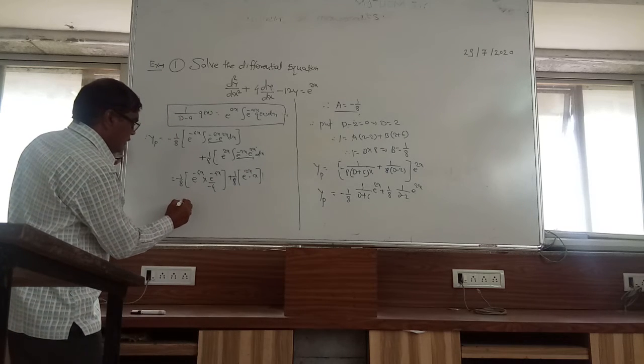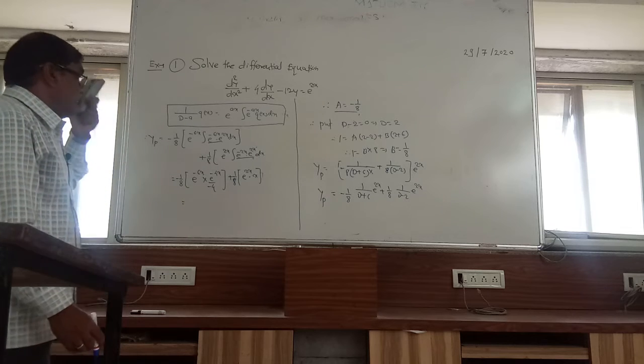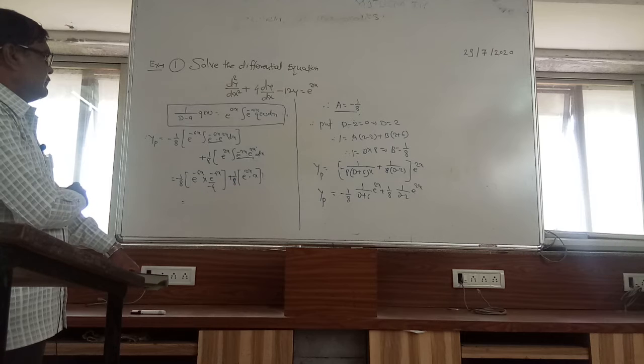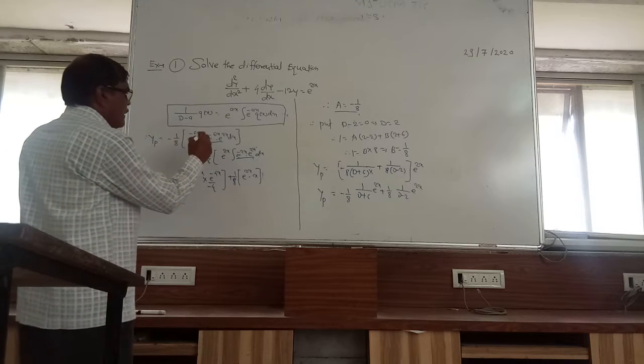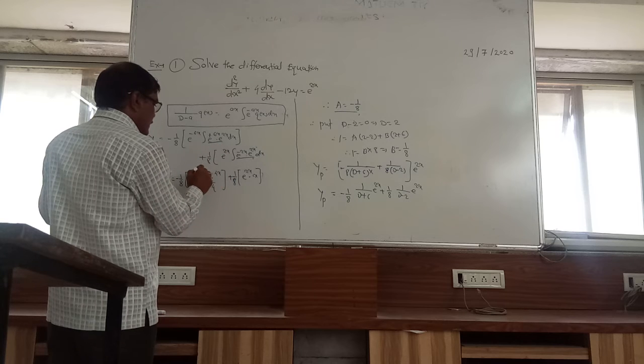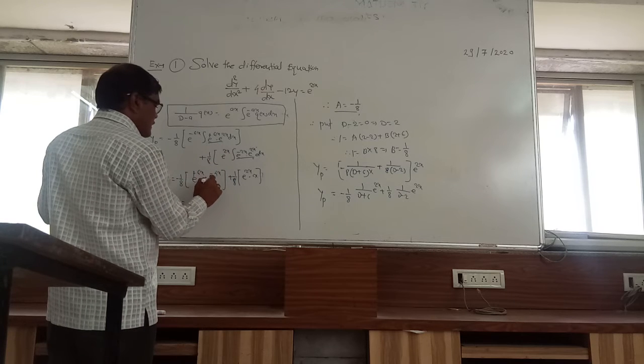Here that equals e raised to minus 6x, this becomes here plus, that becomes here minus 2.